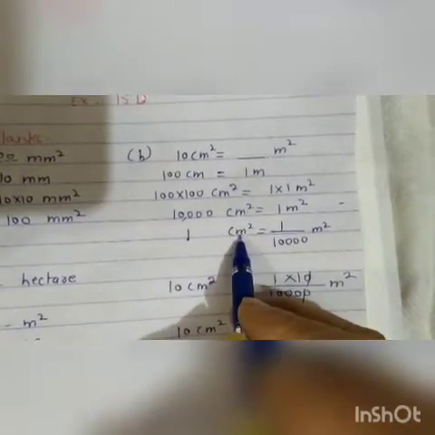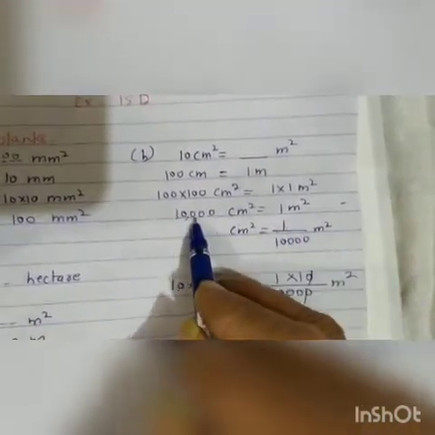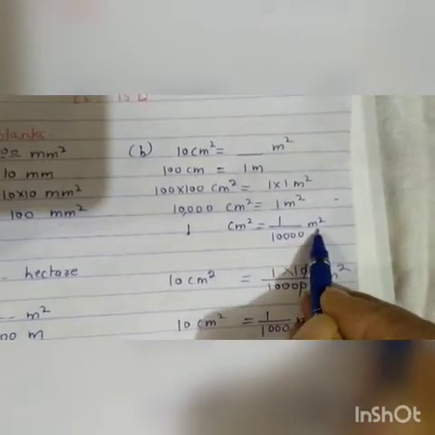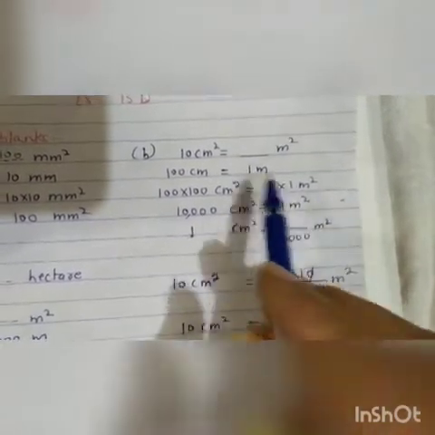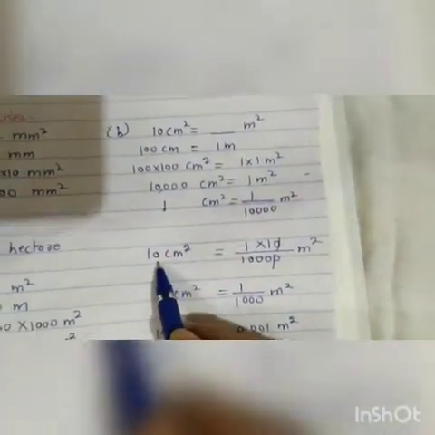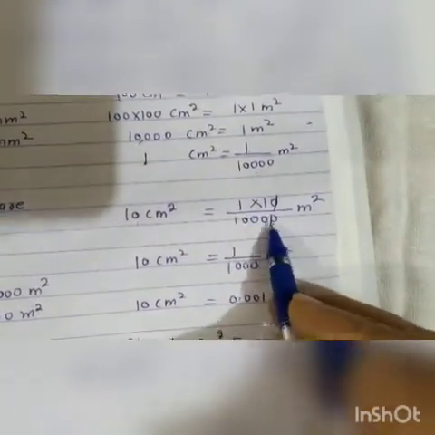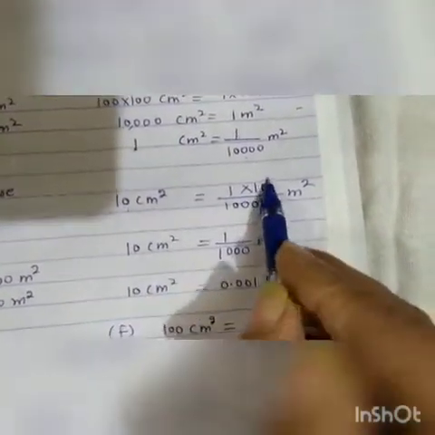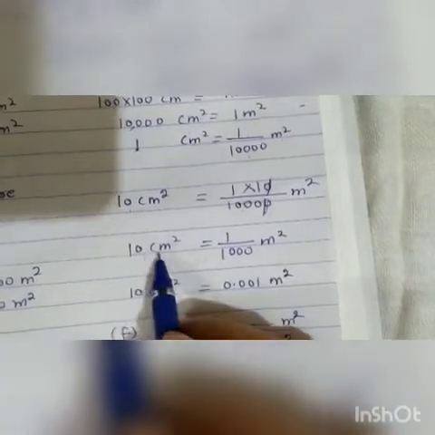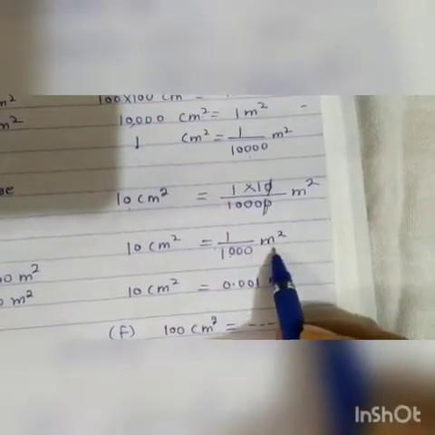So 1 square centimeter will be equal to 1 upon 10,000 square meter. Then we have to convert this 10 square centimeter. Then this 10 square centimeter is equal to 1 upon 10,000 into 10. 0 0 cancel. So 10 square centimeter is equal to 1 upon 1000 square meter.